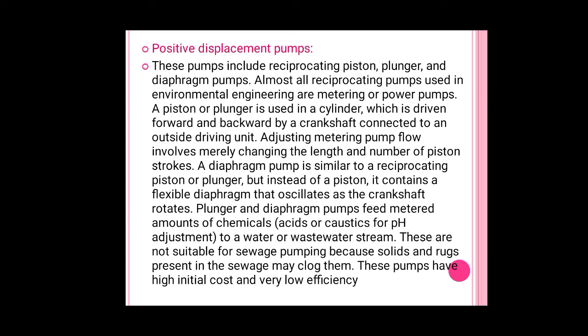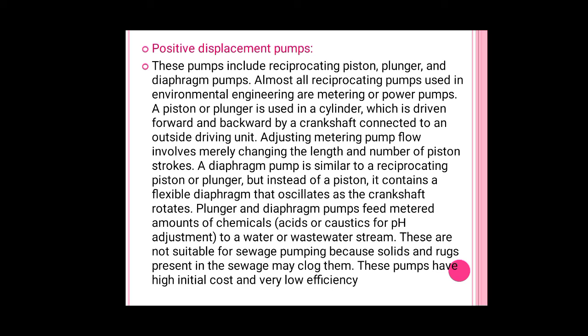A diaphragm pump is similar to a reciprocating piston or plunger pump, but instead of the piston, it contains a flexible diaphragm that oscillates as a crankshaft rotates. Plunger and diaphragm pumps feed metered amounts of chemicals like acids and bases, with which the pH is to be adjusted.